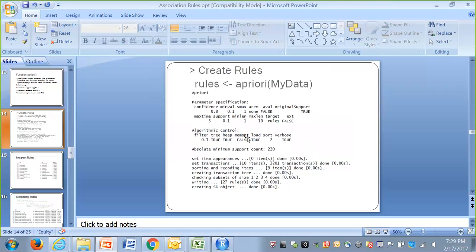Once I finish and tweak my numbers, I get these particular attributes here: number of rules written, number of columns that we have in our data set, and the amount of time it takes to run through a number of transactions on the database.